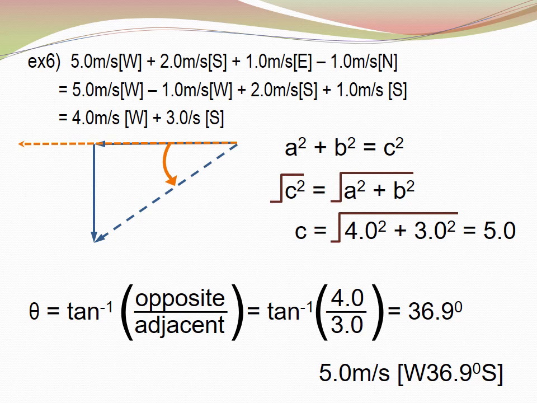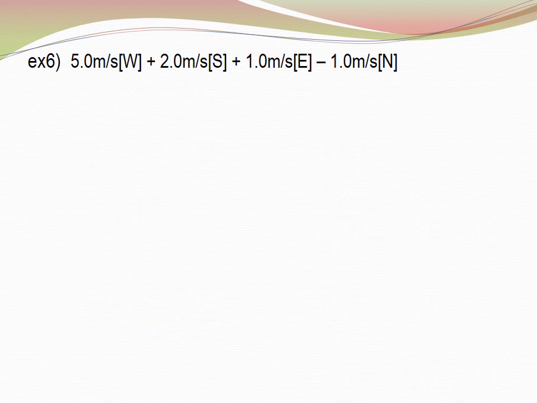But what if someone decided to go and calculate the north-south first before they did the east-west? Well, their answer may look like this. 2 meters per second south is going to remain 2 meters per second south, and we're going to switch the north to south by changing -1 to +1. 2.0 meters per second south plus 1.0 meters per second south.